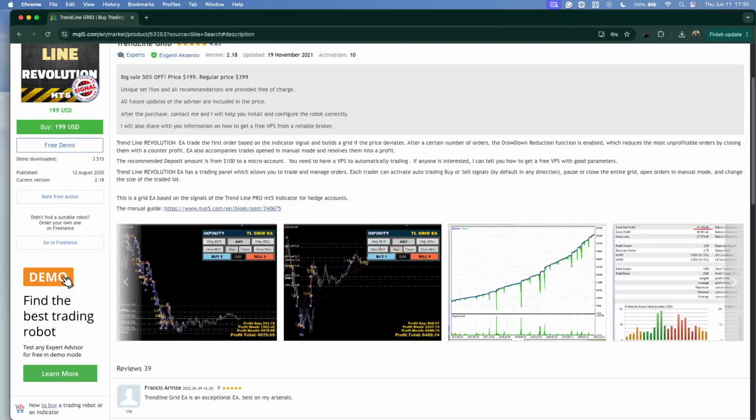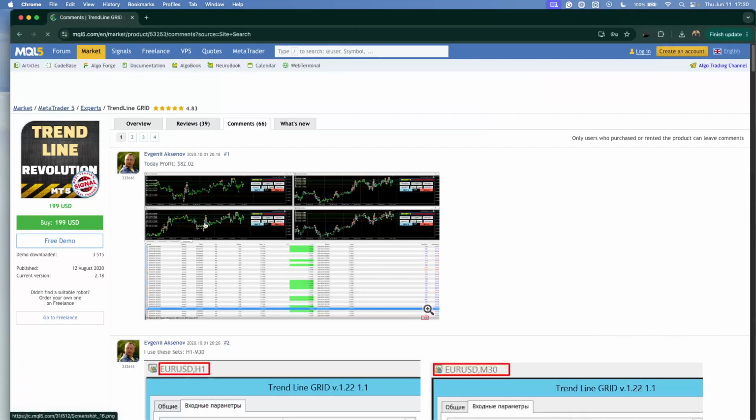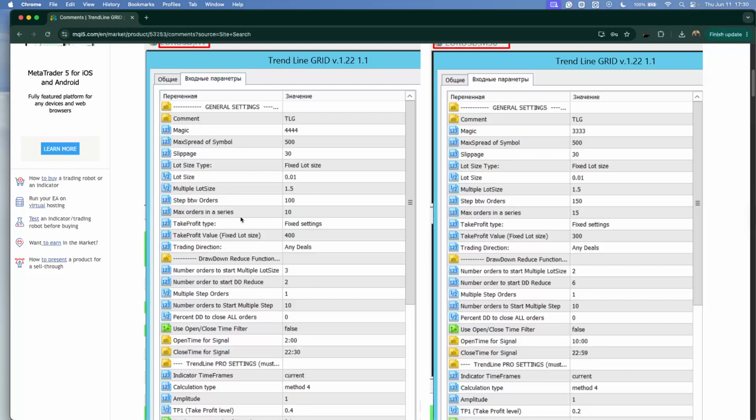For the key settings that they push, it mainly includes, going to the comments from the developer. Now these are the key settings, and it includes the amplitude for the TrendLine Pro, and also there is the grid step, which you can adjust. You can adjust the parameters. There's the lot multiplication, the max orders, the drawdown reduction.